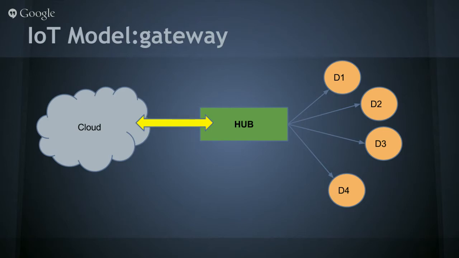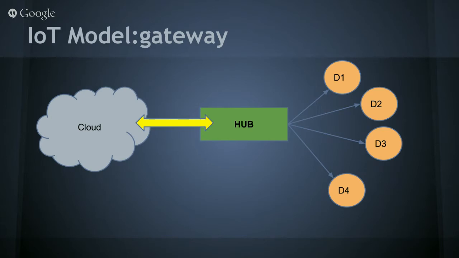So this is one concept: an IoT device can connect to the cloud individually through a hub.